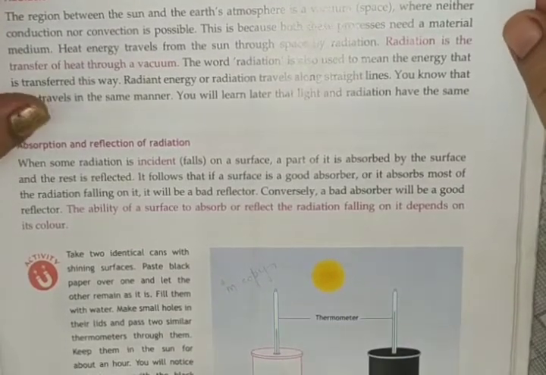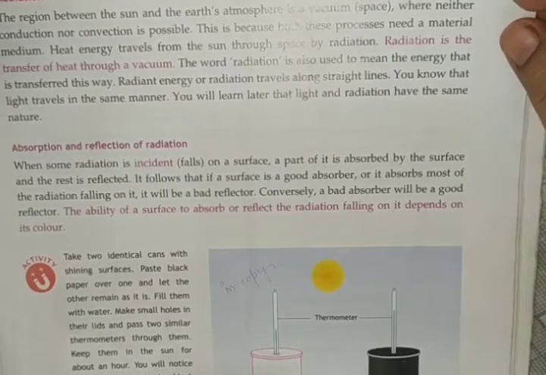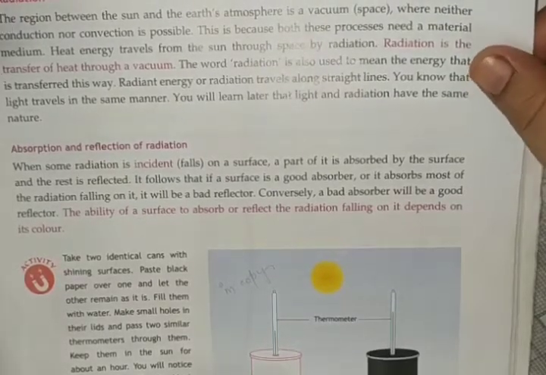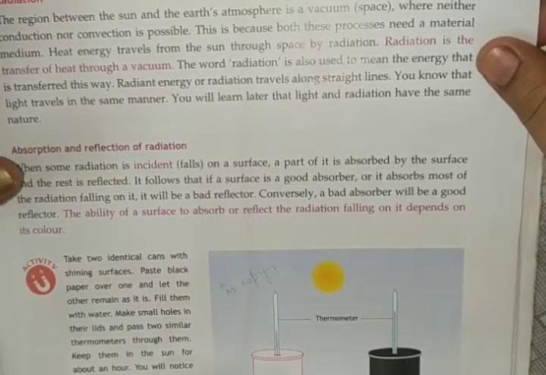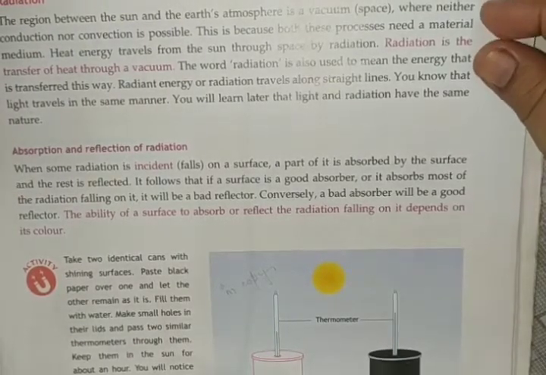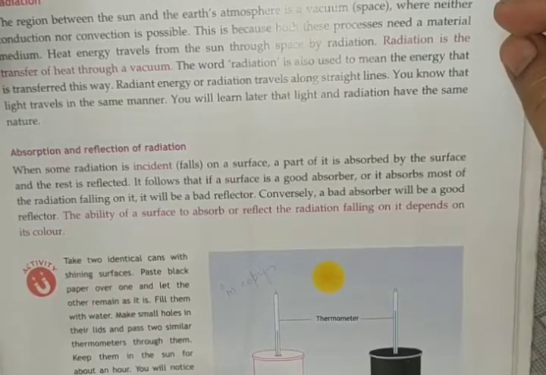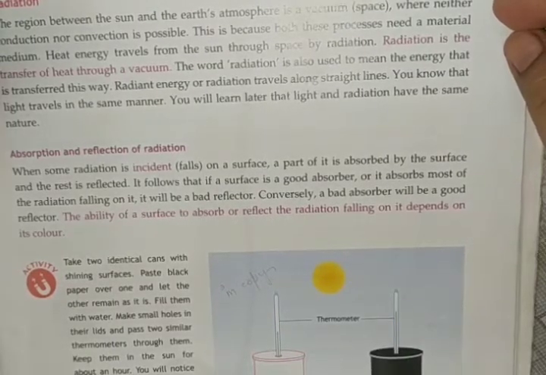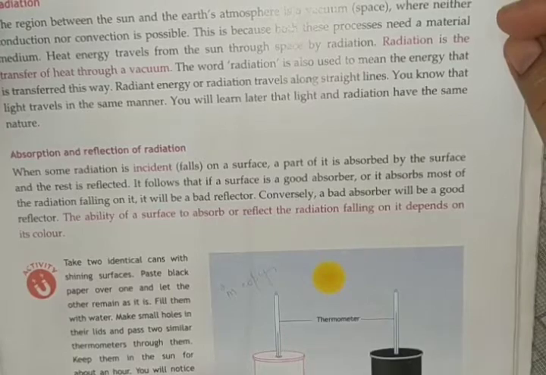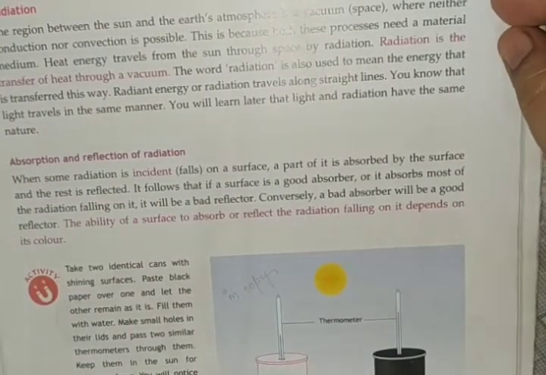Now, absorption and reflection of radiation. See, whenever energy falls on any body, some part of it is absorbed and some is reflected back. Okay, so some materials absorb a lot of the heat energy and reflect a small amount, so those are known as good absorbers, and some reflect most of the energy and absorb a little, they are known as bad absorbers.